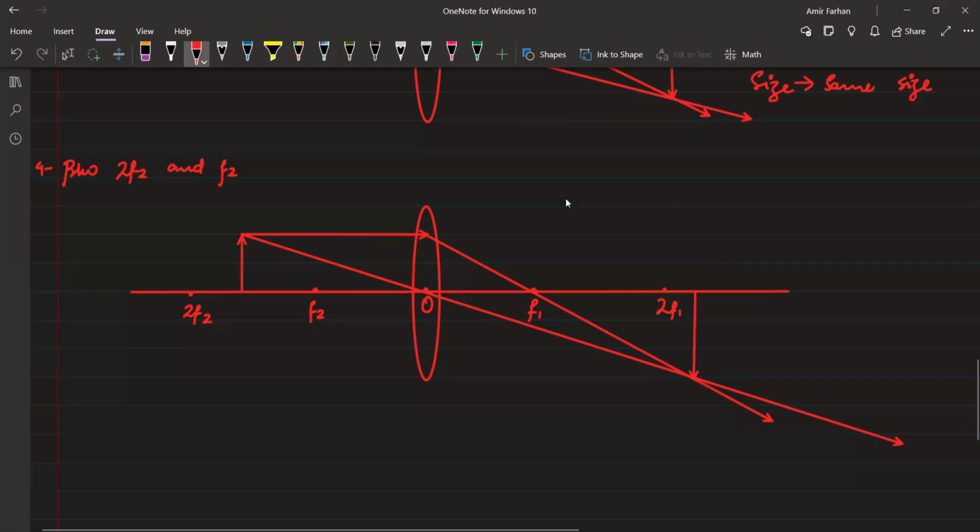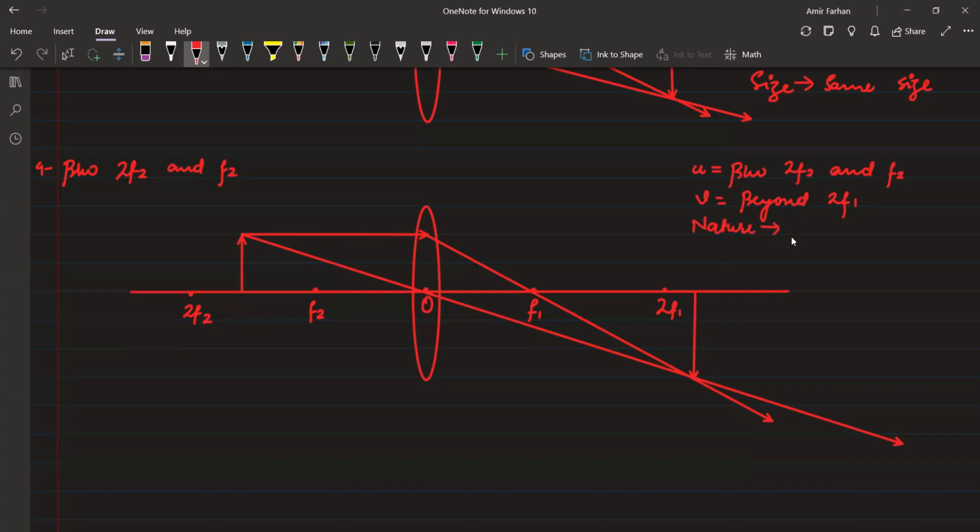So U is basically between 2f2 and f2, and V is basically beyond 2f1. So nature will be real, inverted.